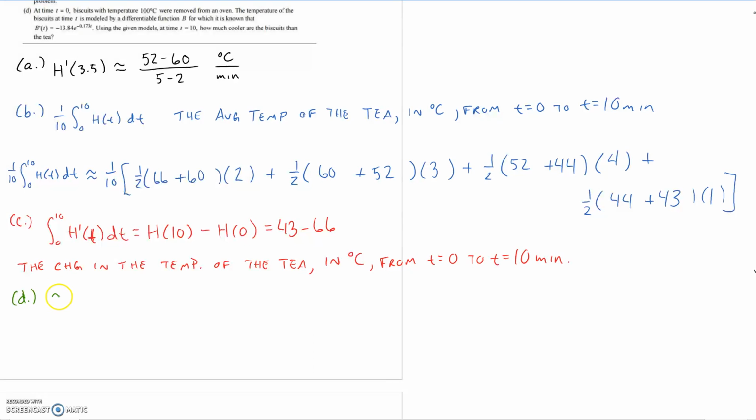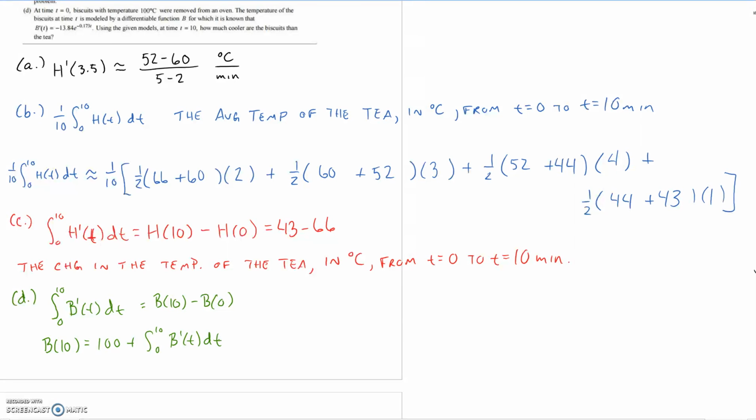So integrating the rate of change of the temperature of the biscuits from 0 to 10 is going to give us b of 10 minus b of 0, where b of 0 is 100. So b of 10 is equal to 100 plus the integral from 0 to 10 of b prime of t dt.